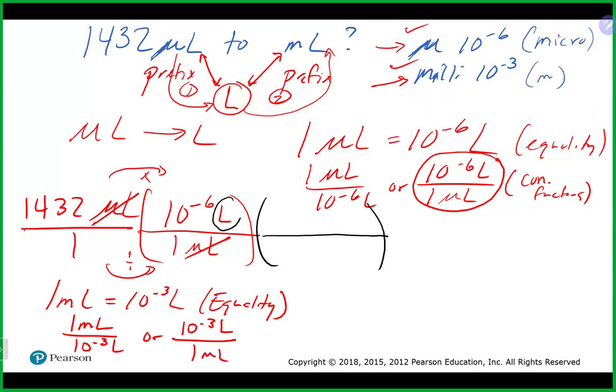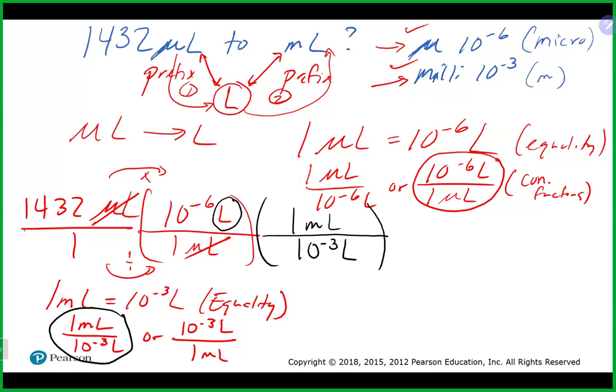I could clearly once again see liters are up on top. So to get rid of them, should I use the conversion factor on the left or the right here? The left has liters in the opposite location, right? So we're going to go 1 milliliter, 10 to the minus 3 liters. At this point, you may be wondering, math-wise, what do I do?